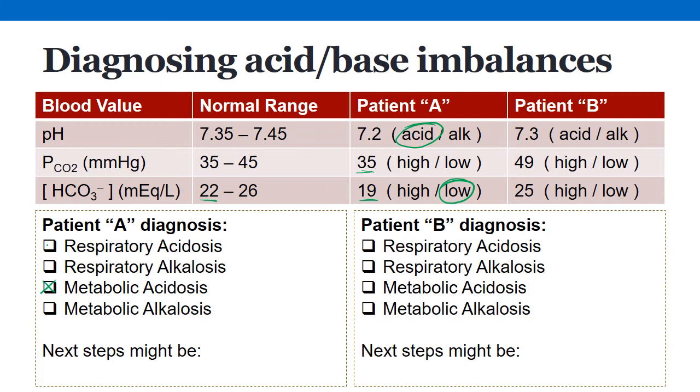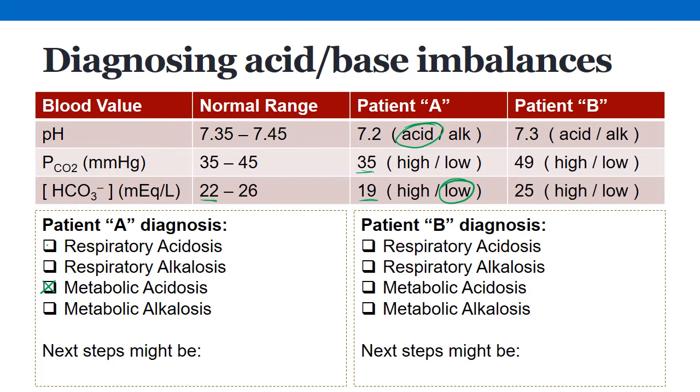That could mean that the patient is losing bicarbonate through a metabolic condition. It could mean they have some sort of diarrhea, or it could mean that they have a longer-term metabolic condition like diabetes.